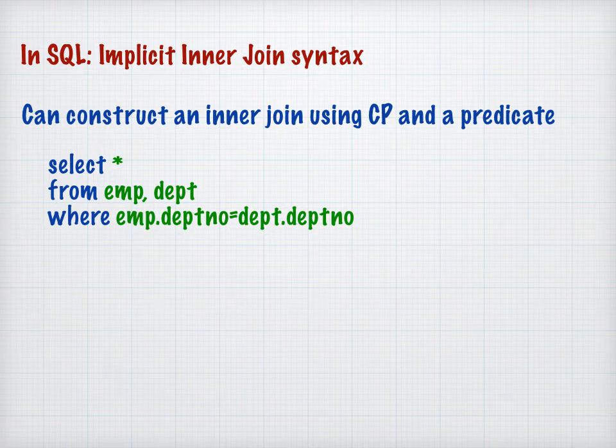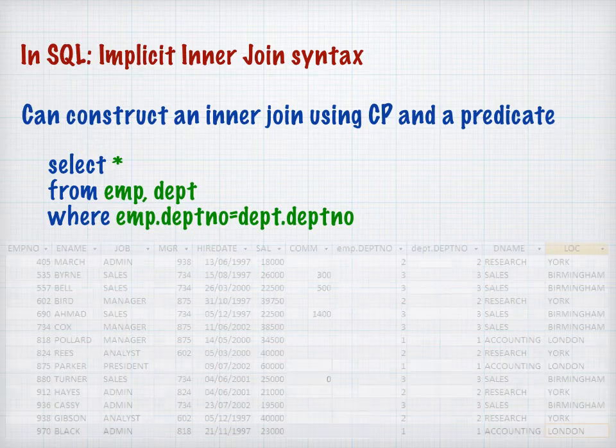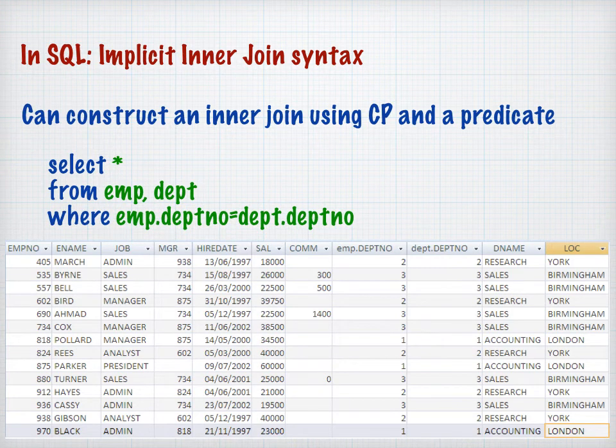And then on the third line, we have that where reserved word. And after where, we have the clause, which is basically the predicate, the condition. How are we going to join those tables together? And here, as we saw on the previous slide, we're going to say department number from the first table has to match department number from the second table. And when we run that, that's the result we get.